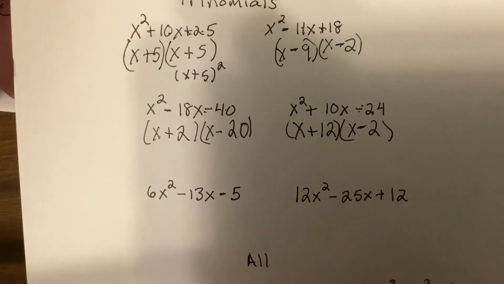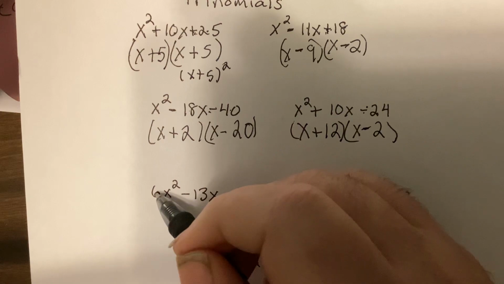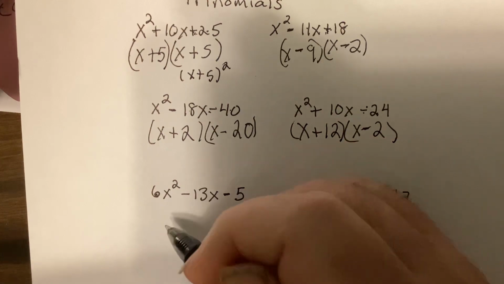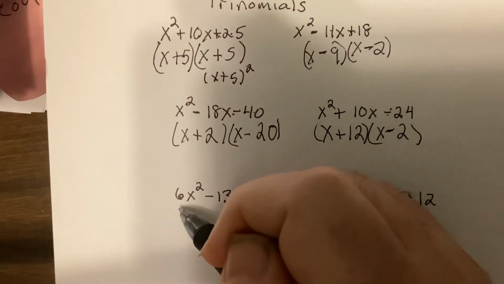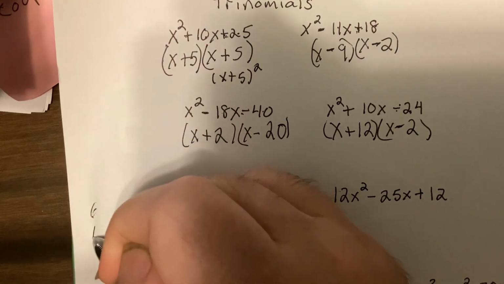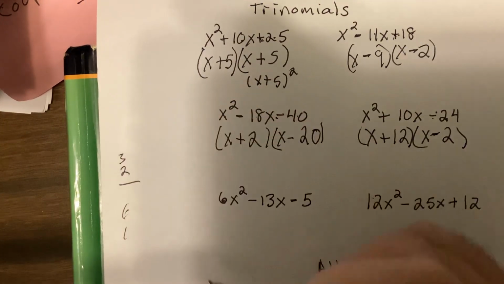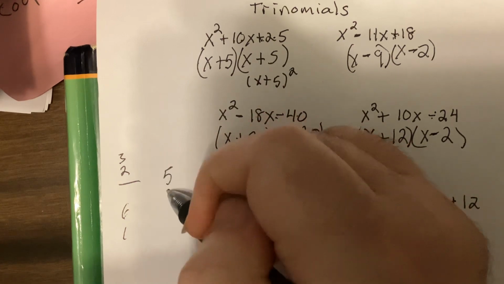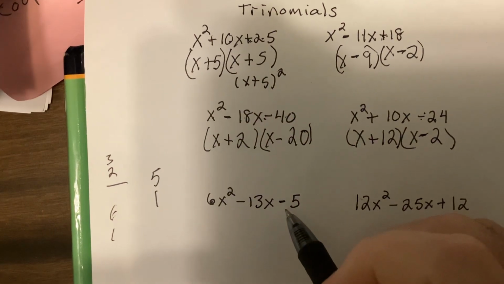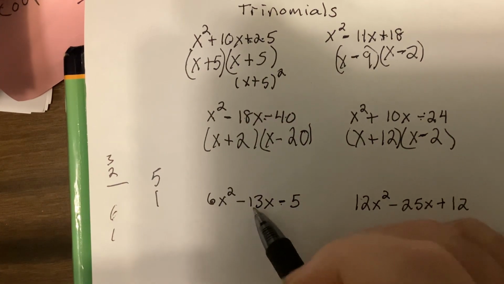Now, when you have a number in the front, we have to break it up. So 6 is 6 and 1, or 3 and 2. Now, it's either both of these or both of these. You can't take parts of both. And 5. And I need a combination that subtracts to give you 13.